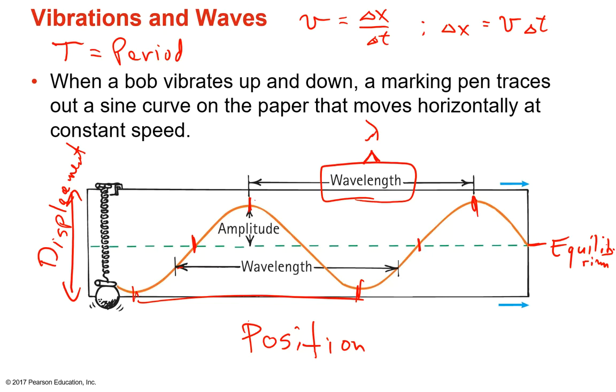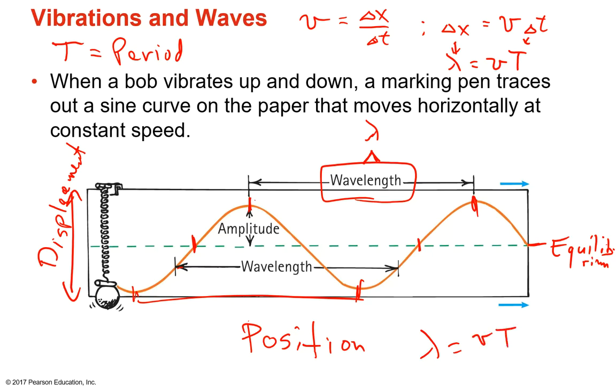The wavelength is lambda. And so delta x for one cycle, the distance for one cycle, is the wavelength, which equals the speed multiplied by the time for one cycle, the period. And so we have the relationship that wavelength is equal to speed times period.